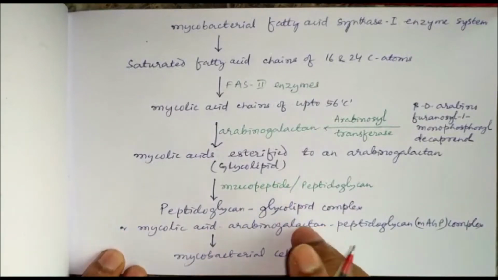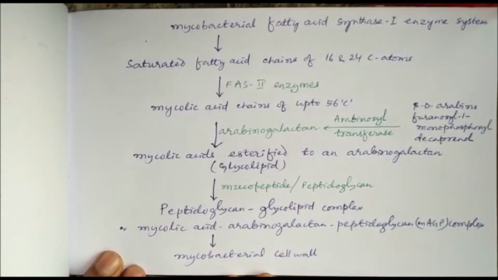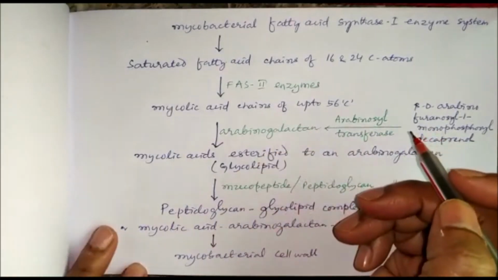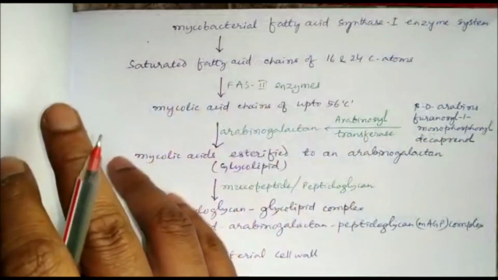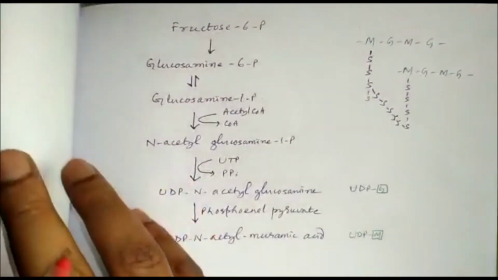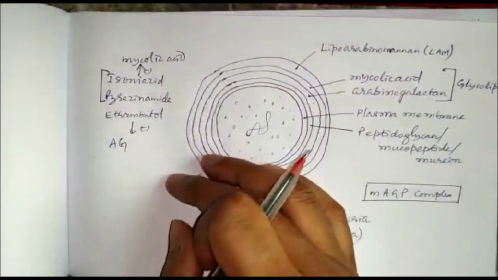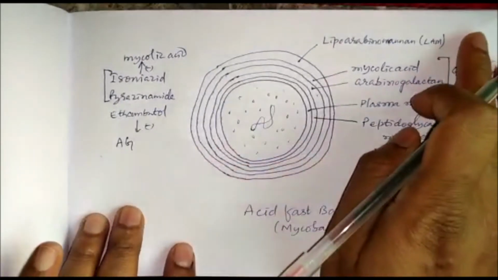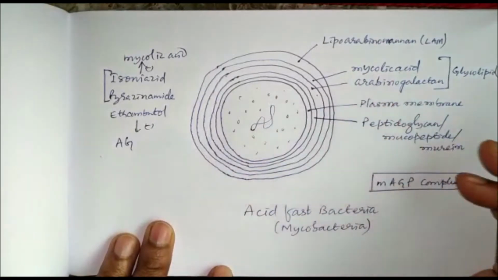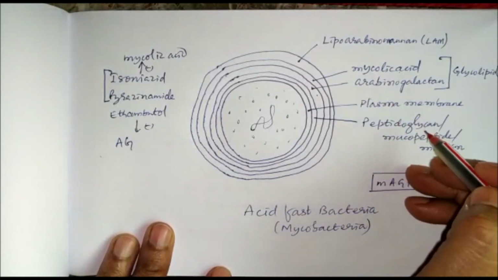Namaskar. Today we will study mycobacterial cell wall synthesis and the drugs inhibiting it. So the mycobacterial cell wall, if you see, the constituents are mycolic acid, arabinogalactan, and peptidoglycan.